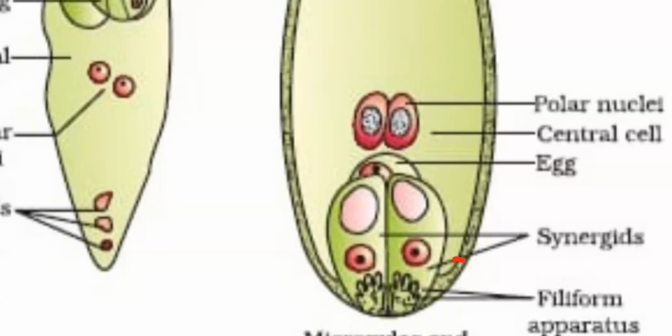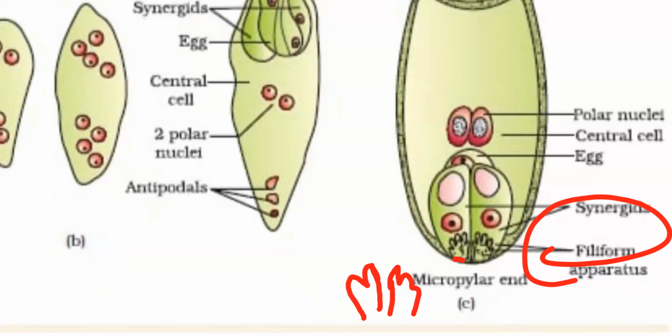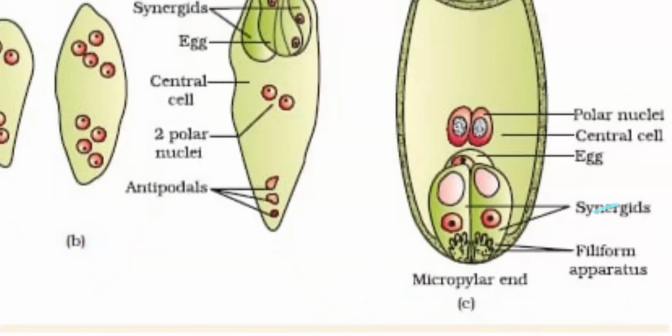The speciality of the synergid cells is that they have a cellular thickening towards the micropylar end. This is called the filiform apparatus.